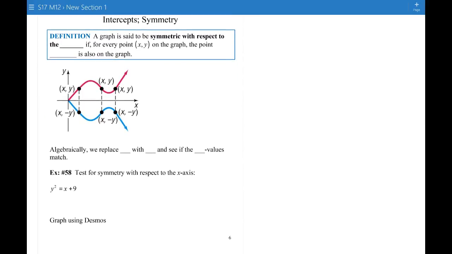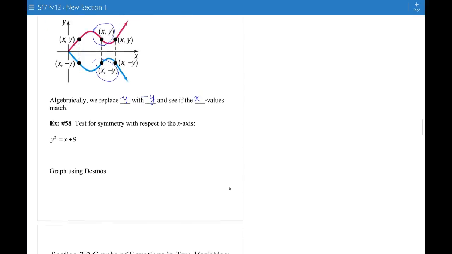A graph is said to be symmetric with respect to the x-axis if for every point (x, y) on the graph, the point (x, -y) is also on the graph. This is a picture to show why that happens. Algebraically, we replace y with -y and see if the x values match.